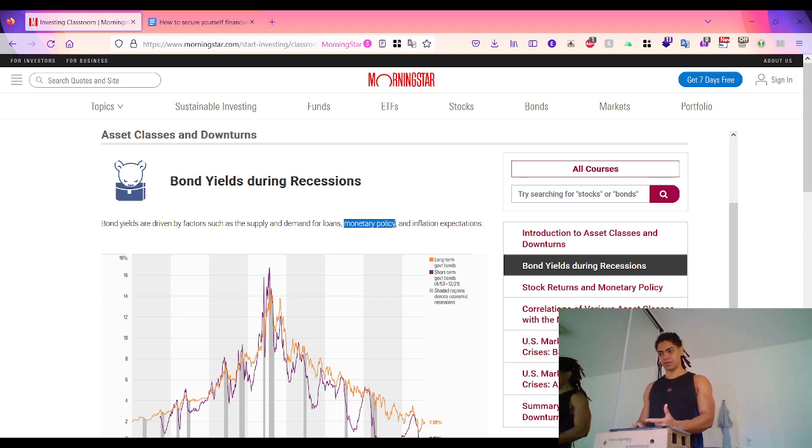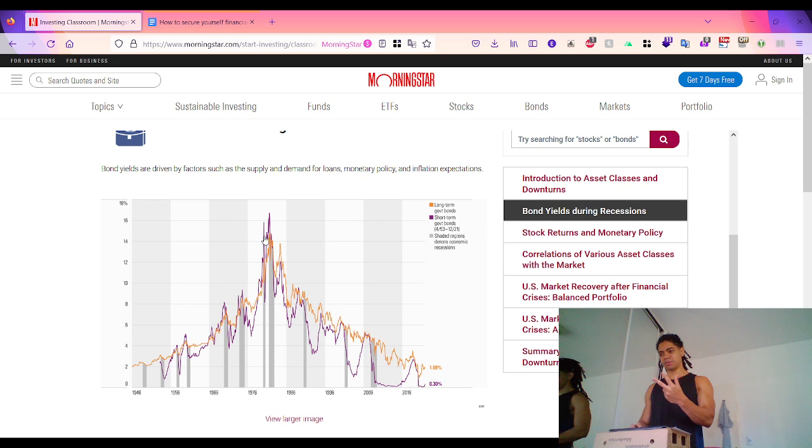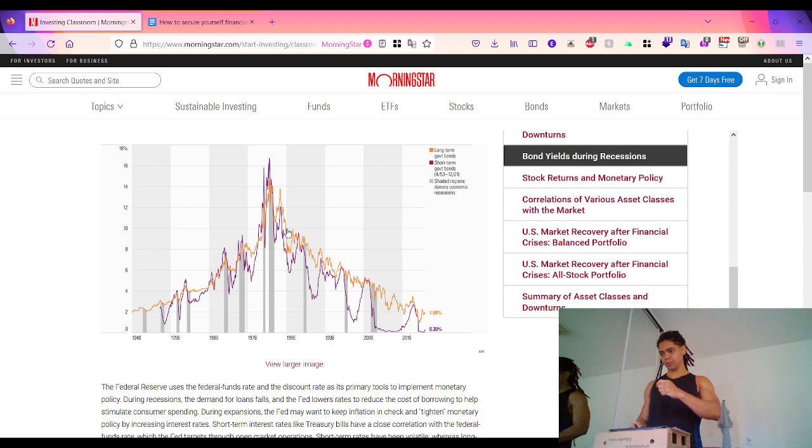It might be the interest rate, monetary policy, or any other sort of monetary policy, and inflation expectations. So three factors. These government bonds are driven by factors such as supply and demand, monetary policy, and inflation expectation.